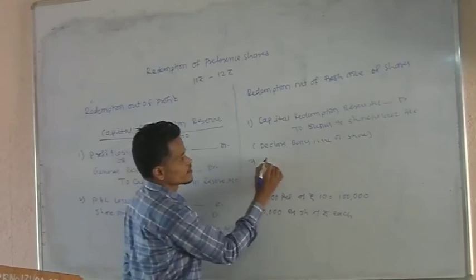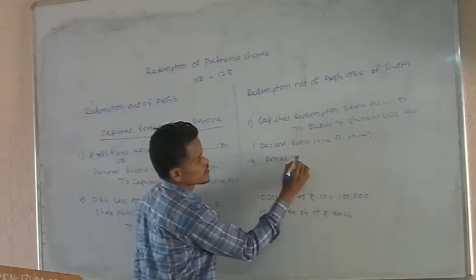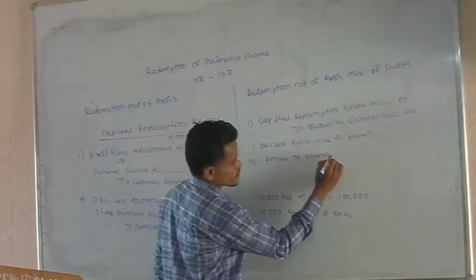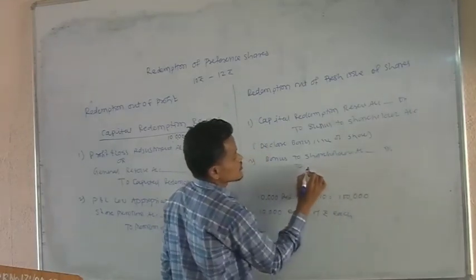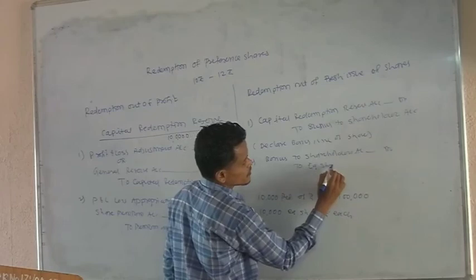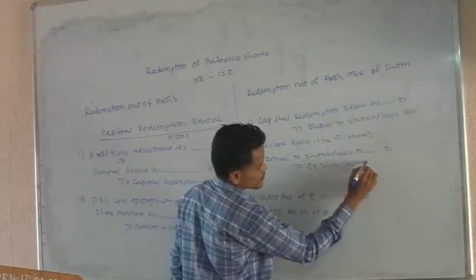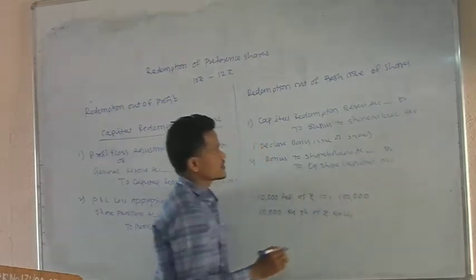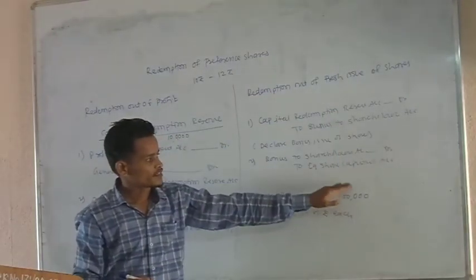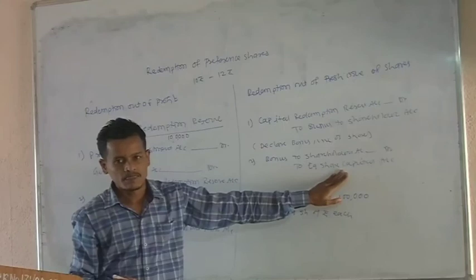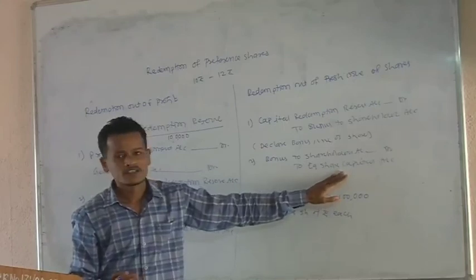Then the entry is made: bonus to shareholders account debit to equity share capital account. It means the capital redemption reserve fund of rupees 1 lakh is transferred to share capital account, and there isn't any decrease in the amount of share capital.